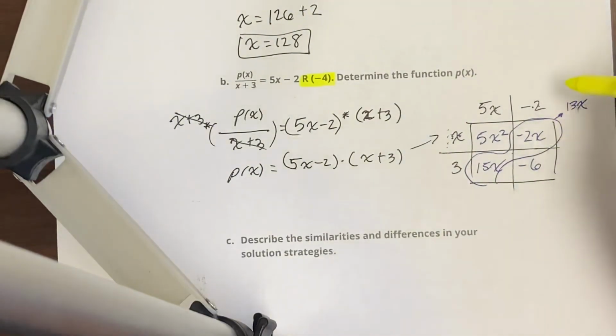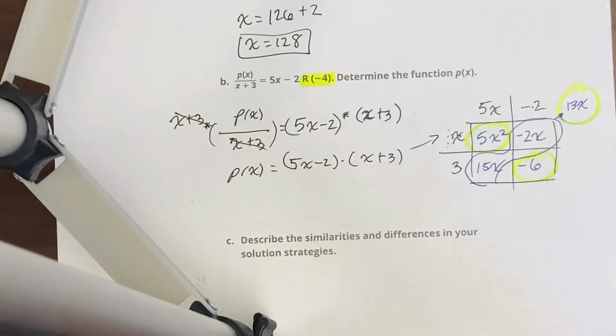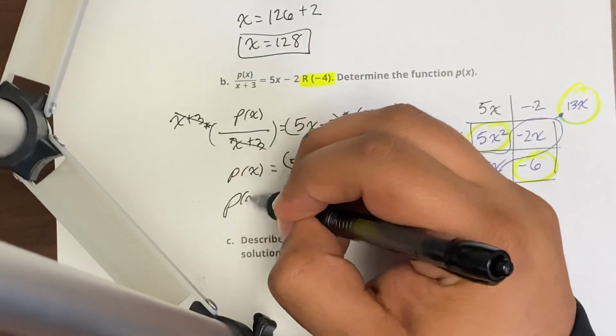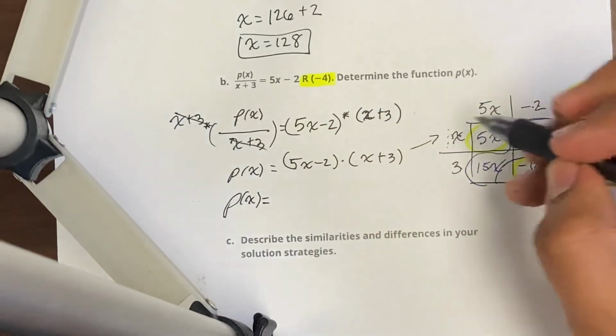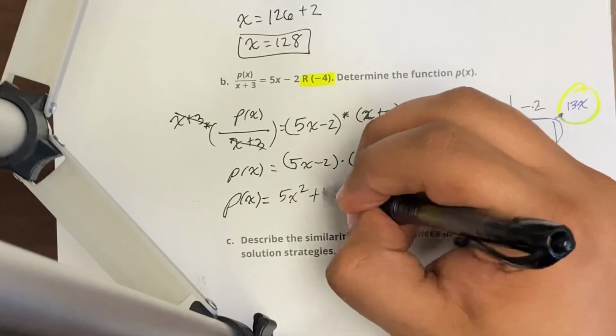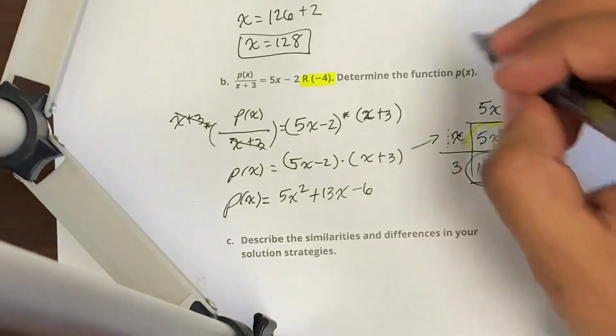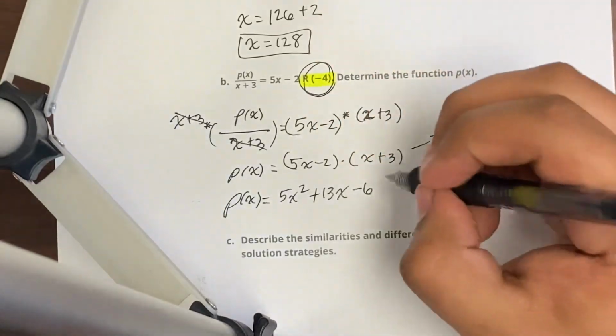Bring in my highlighter. This is an answer, this is an answer, this is an answer. All right here. P of x equals 5x squared positive 13x minus 6. But we can't forget about this.